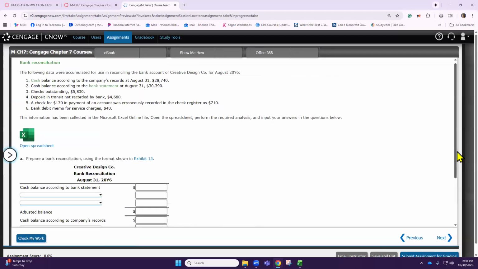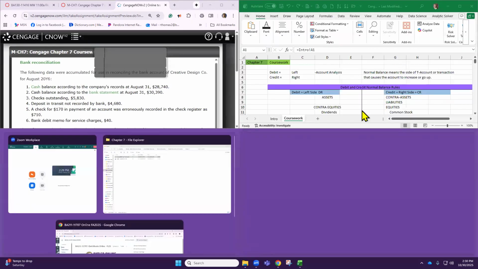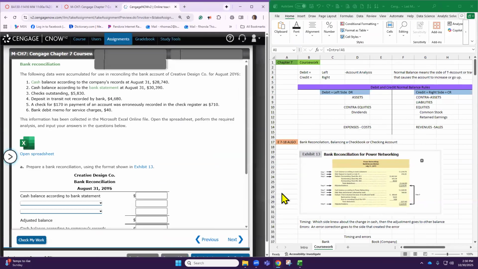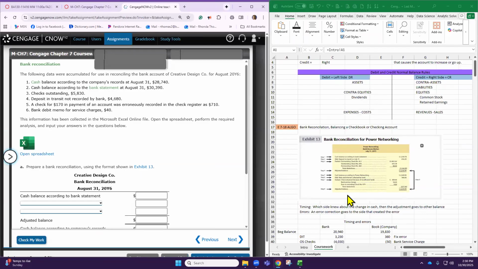We're going to start with a bank reconciliation. Okay, let me bring my spreadsheet over here just a second. All right. So, like the intro exercises show us, this is a comparison or a reconciliation of what the bank says is in the checkbook account or the cash account and what our accounting book says is in the book.